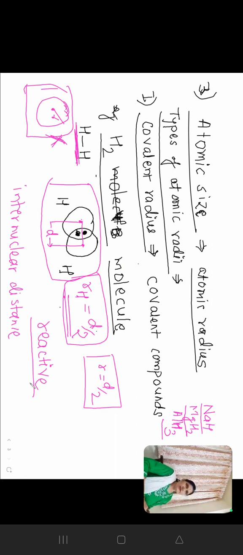Now the internuclear distance we can measure, because the H2 molecule has independent existence. So we can measure the internuclear distance, and half of the internuclear distance is the radius. Now H2 molecule is one example. Now we'll see a second example, that is the O2 molecule.